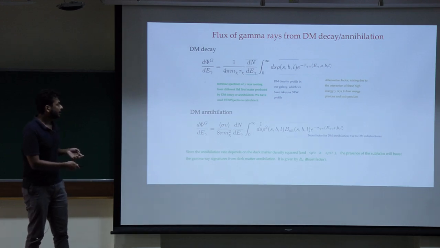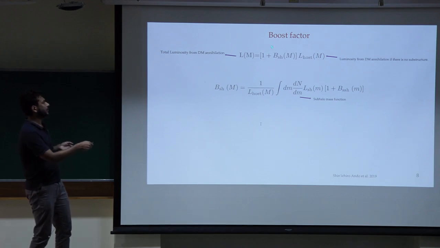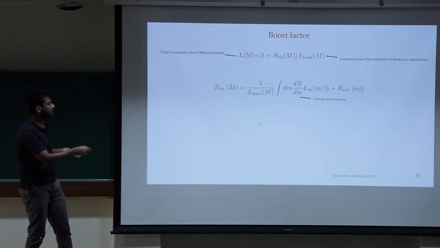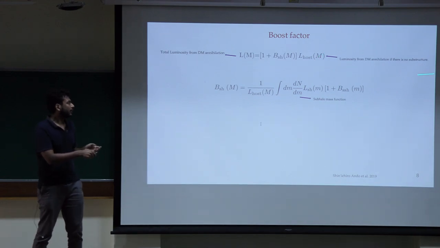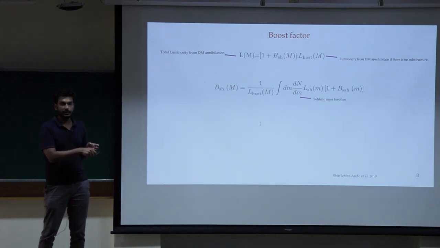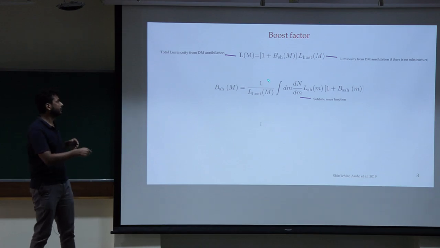To calculate the boost factor, another way you can define it is like this. This is L host, the luminosity of gamma rays coming from dark matter annihilation if there is no substructure, and this L_m is the luminosity if there is dark matter substructure, and this ratio is the boost factor.